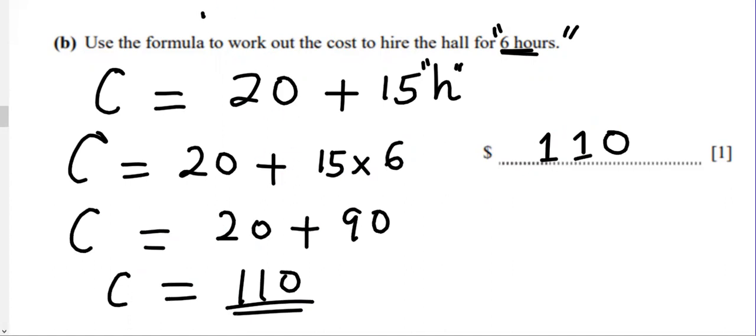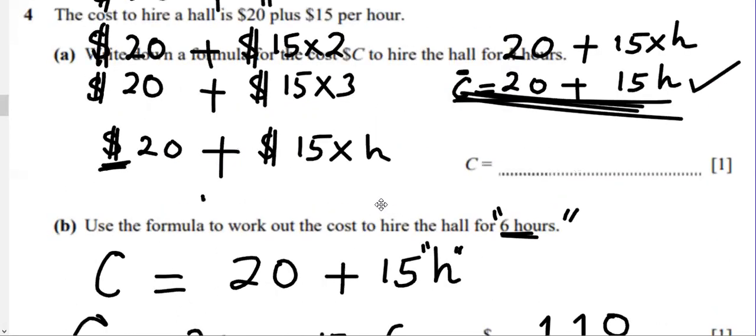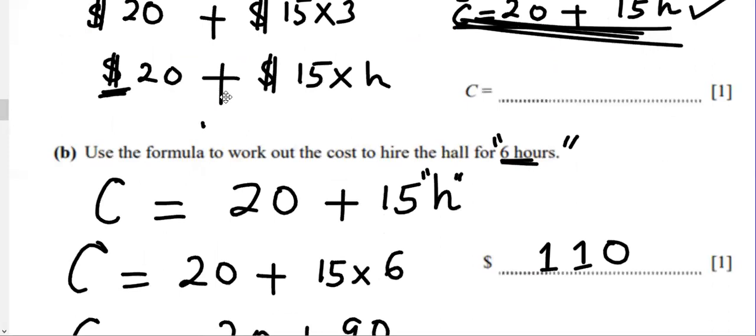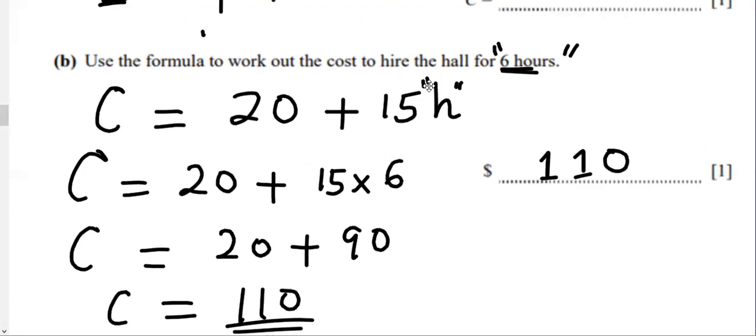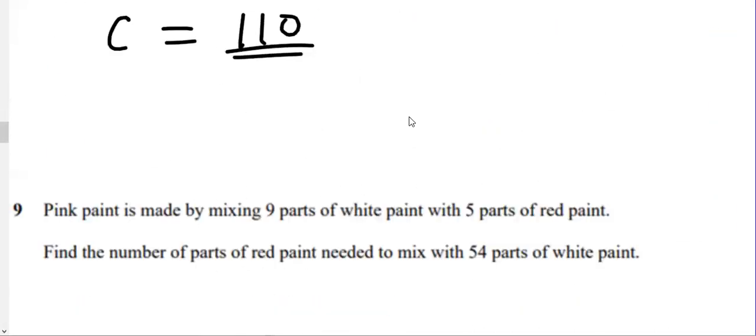You can pause this video and copy these calculations. Otherwise, let us proceed. The formula is $20 plus 15H, which we used to calculate the cost to hire the hall for 6 hours. Right, that question ends there.